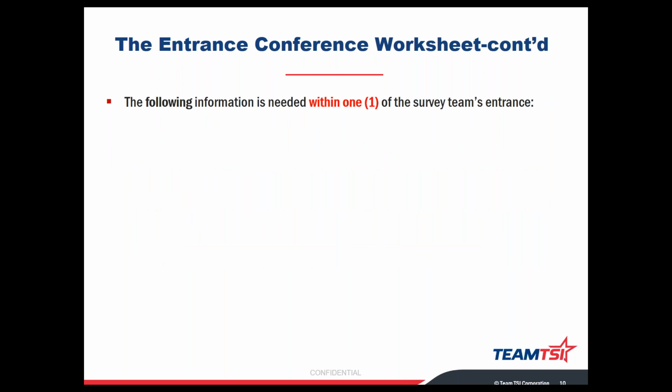Everything else, despite it saying immediately, and here's what's needed within 1 hour, everything else on that page is expected to be delivered within 1 hour. However, in the guidance and the training to the surveyors, they do allow for, depending on the severity of what's happening in the building, a little additional time before this stuff could be provided. But the entrance conference worksheet basically specifies 1 hour for the rest of the information to be provided.